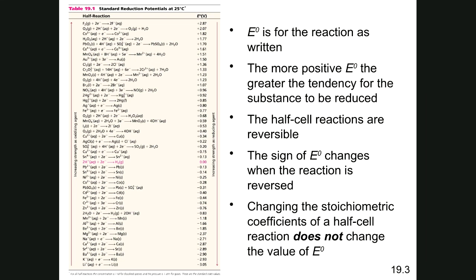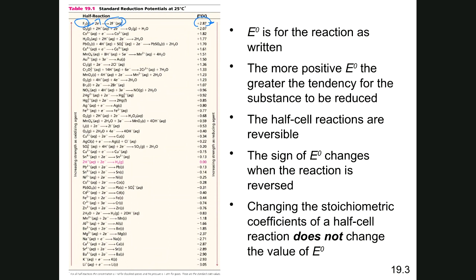This is the table that I was talking about. The higher positive value means that element wants to gain electrons or wants to be reduced more strongly. So the highest positive number that we have here is for fluorine, which by gaining electrons changes to fluoride ion, and it has the highest E0 value.